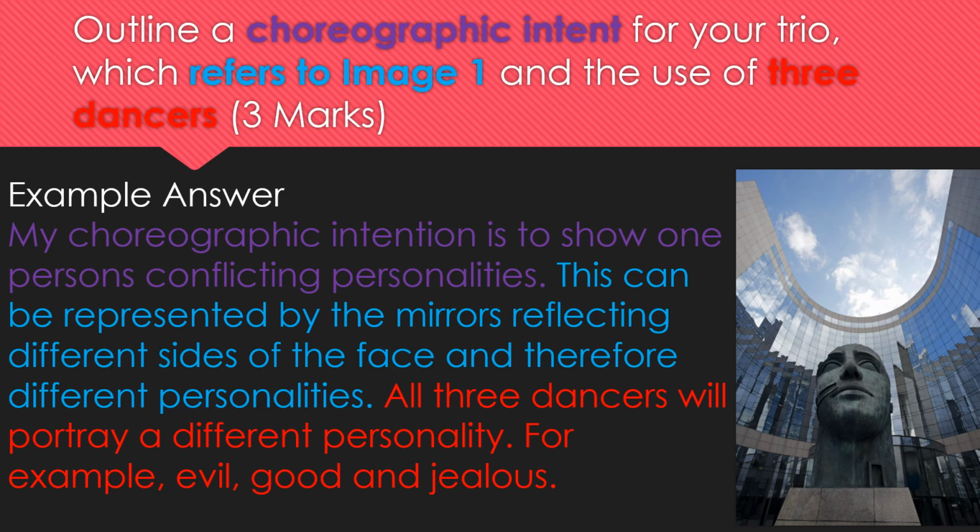I've mentioned the mirrors, I've mentioned the face, and how I have then got the conflicting personalities choreographic intention. The final bit is all 3 dancers will portray a different personality, for example, evil, good, jealous. So I have then outlined the 3 dancers. I've recognised that I've got 3 dancers, and I've linked it to my choreographic intention of the different personalities.